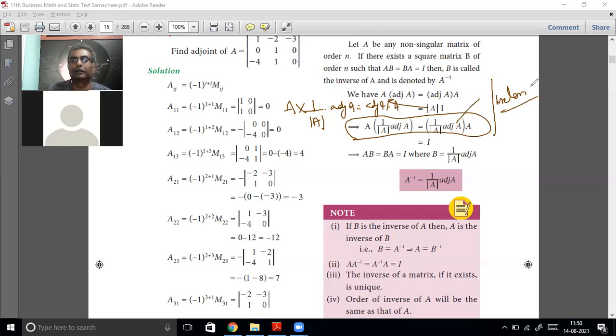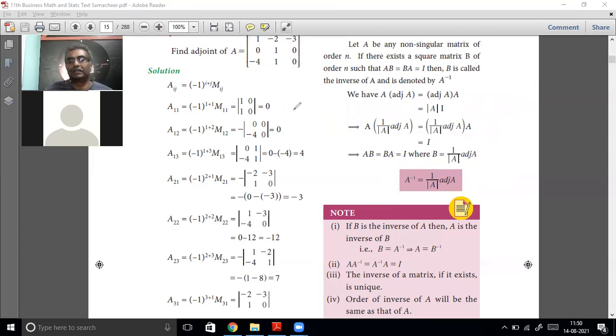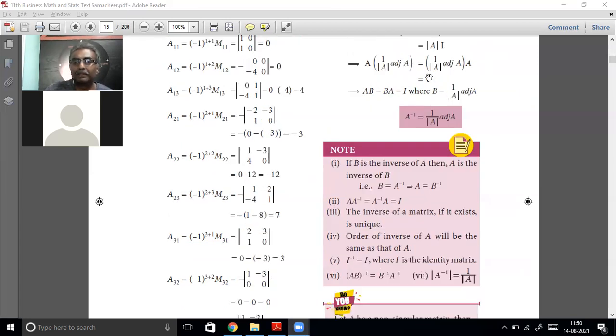AB equal to BA equal to I, where B is equal to 1 by determinant of A into adjoint of A. We do not understand that, we do not need it, we will just use this formula. This is what we want. It is a very horrible textbook, it does not explain well.